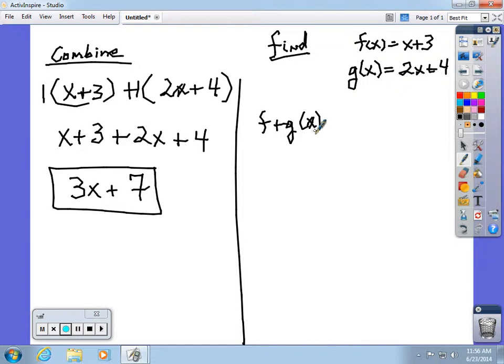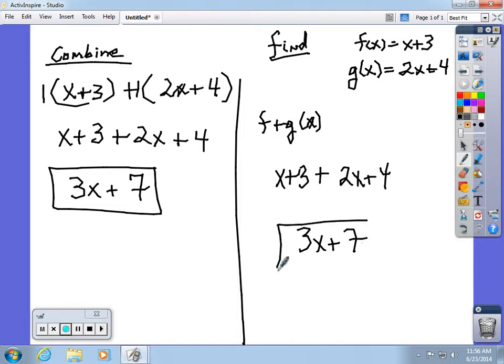And all you do is what you did back in pre-algebra. You take x plus 3 and you add it to 2x plus 4. And you get the same thing that you got in pre-algebra.